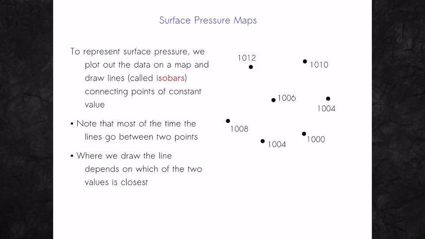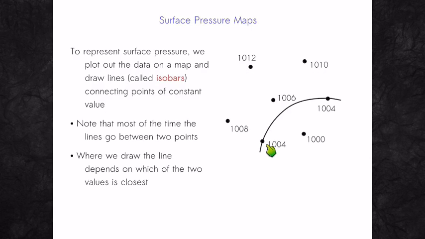So for instance, given this data over here, we can see that 2 of our stations have pressure of 1,004. So if we were to draw an isobar on this map for 1,004, a curve where the pressure takes the value of 1,004, that curve would have to pass through these 2 stations. It might end up looking something like this.